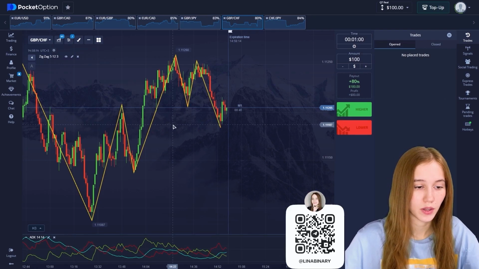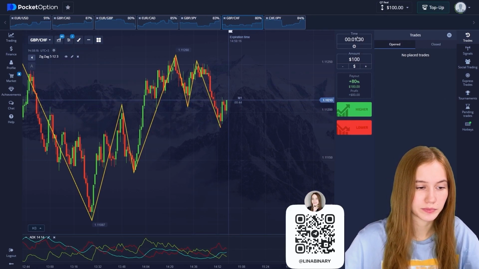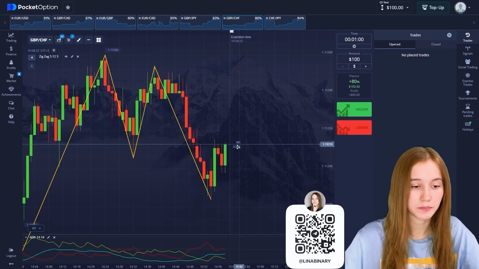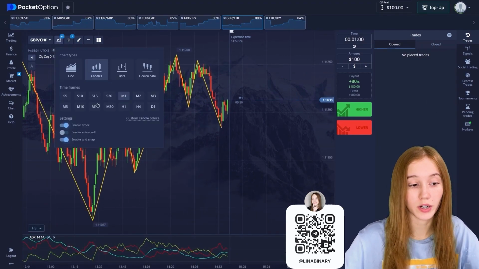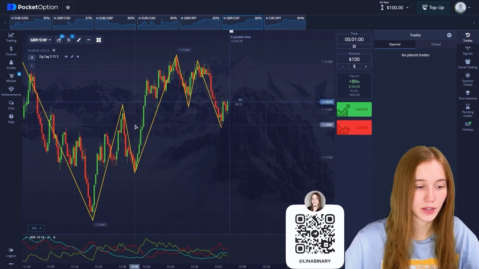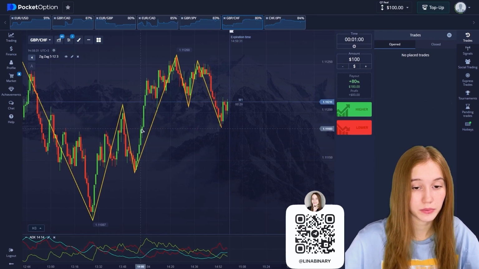So what's more here, the deal time is 1 minute and we enable the minute time frame in the settings here. So, correct.